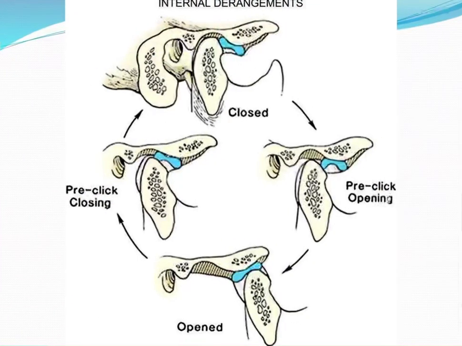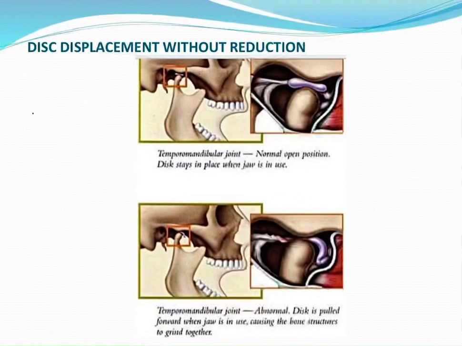As we see here, the articular disc is retracted anteriorly from its normal position. Disc displacement without reduction occurs when the articular disc doesn't reduce.